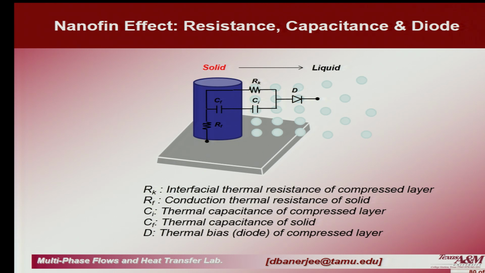So, nanoparticles act like a thermal diode, which means if I have a hot nanoparticle, I will actually pump more heat into the liquid, versus if I have a cold nanoparticle, I will actually pump less heat from the liquid to the solid, even though the temperature drop is the same. So, in other words, if I have a liquid which is at 50 degrees Celsius, I put in a nanoparticle at 60 and I put in a nanoparticle at 40.